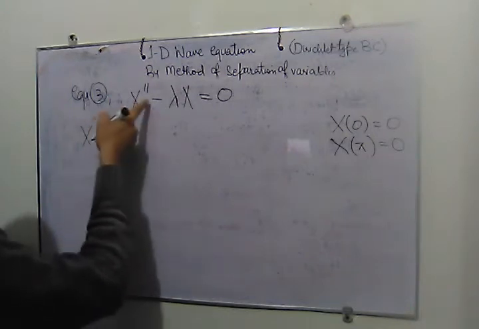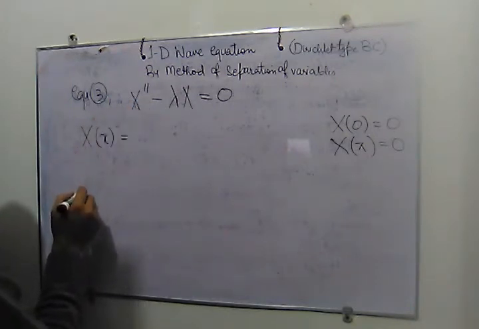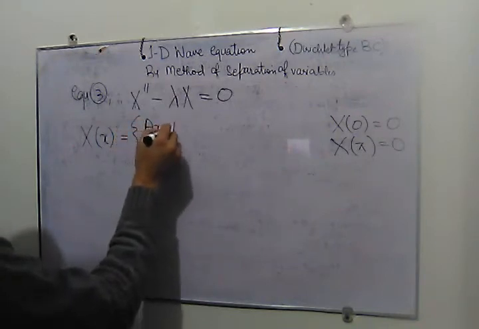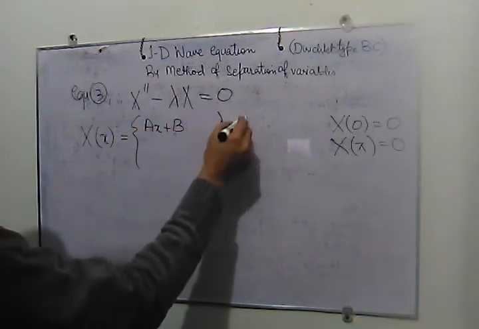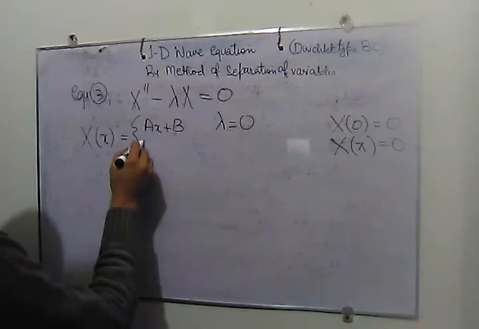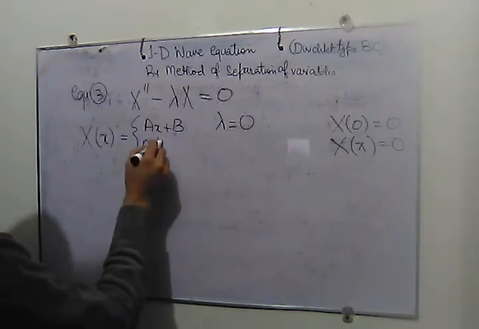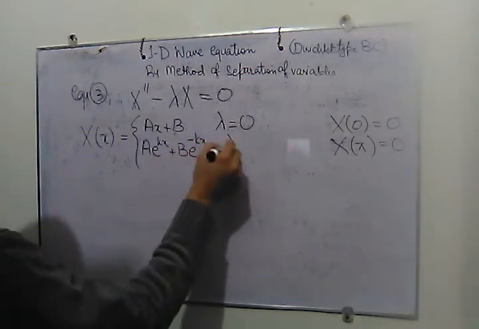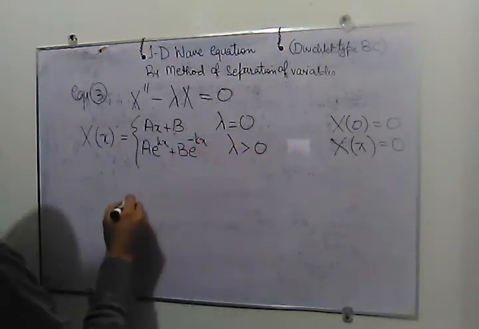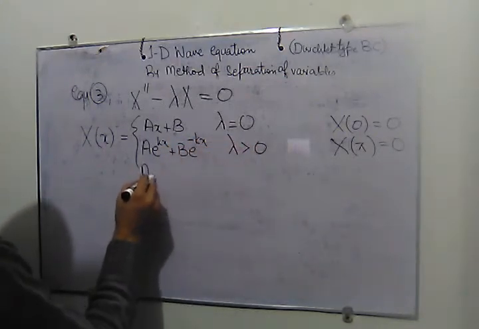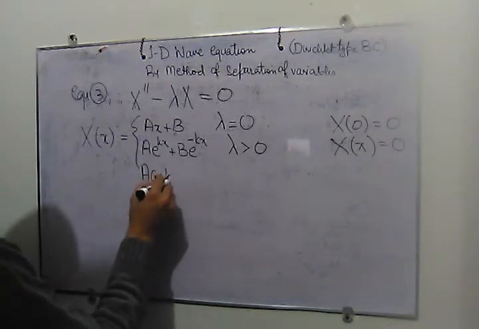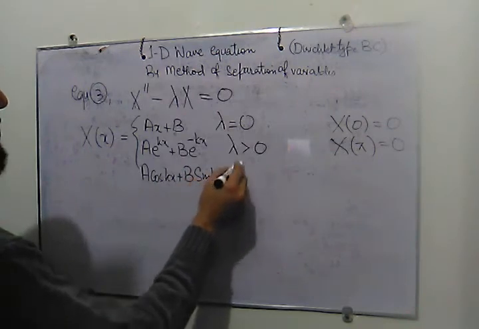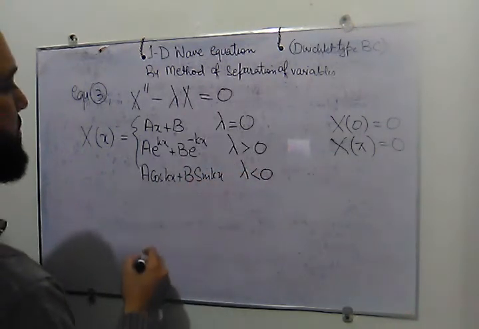So the solution of this differential equation, represented by X(x), is ax plus b if lambda is 0; it is a e^(kx) plus b e^(-kx) if lambda is greater than 0; and it is a cos kx plus b sin kx if lambda is less than 0.